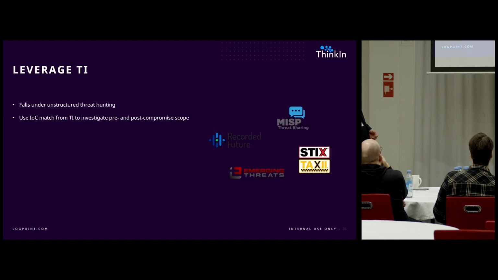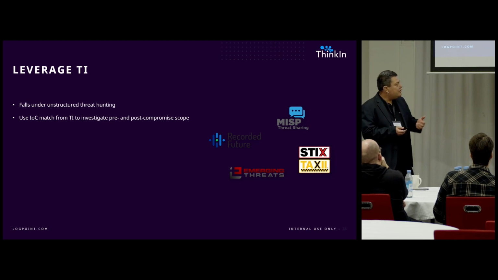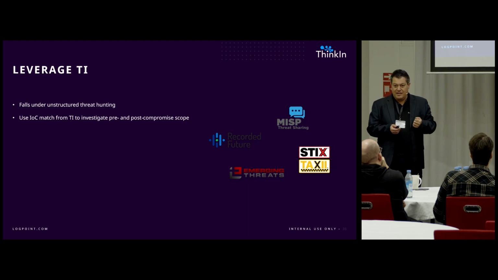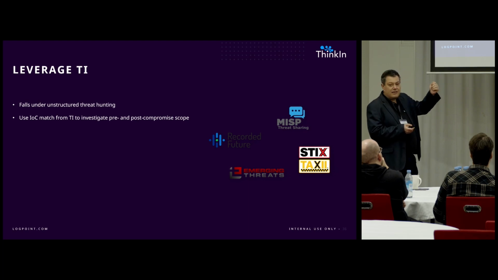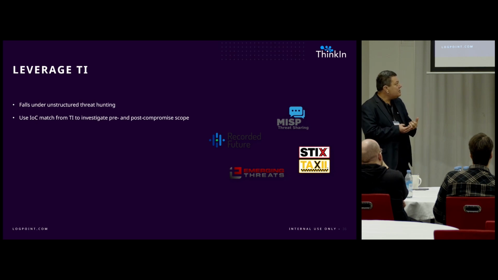So where do we start? We start with actually leveraging threat intelligence. We have Recorded Future. We have the standard STIX-TAXII. STIX-TAXII is the actual protocol that is being used for sharing of threat intelligence.